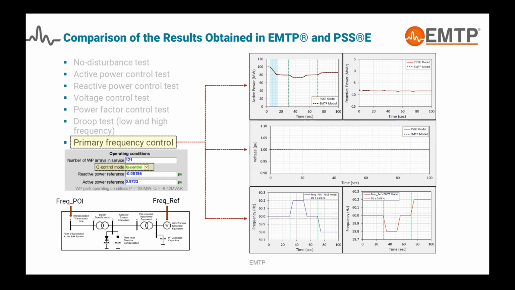And as you can see, the active power responds in exactly the same way in both models, PSSC and EMTP, right? So this is, let's say, the easiest way to run this kind of test using PSSC. And in our opinion, if you play the frequency directly, this is the easiest way to run this kind of simulation.